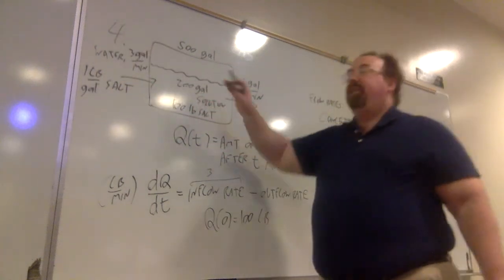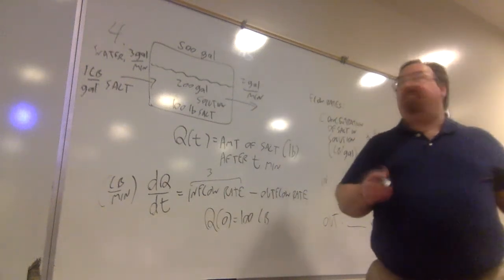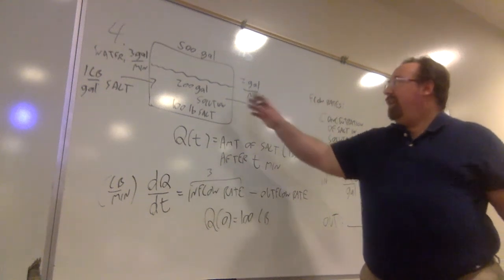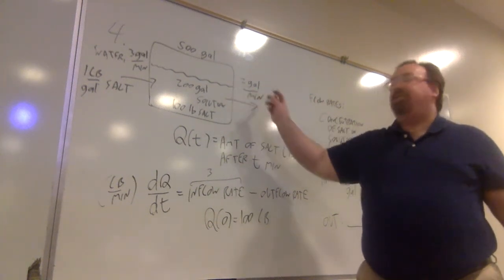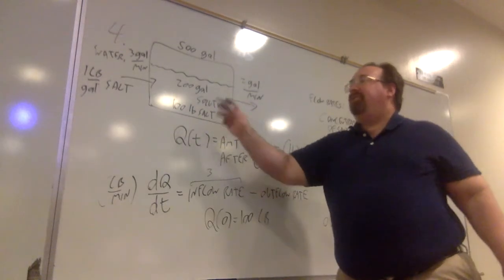All of that mixes up to some extent, and we assume that it's well mixed, and that is what leaves. So the concentration in this part is how many pounds of salt over how many gallons are in the tank.